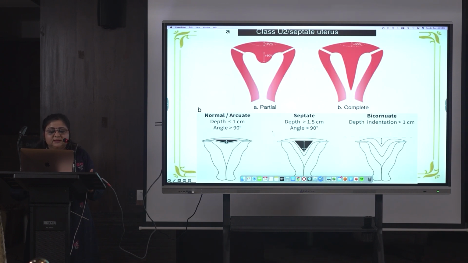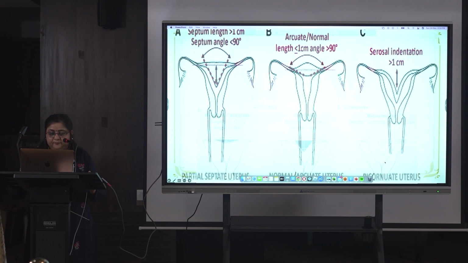So this is again the comparison between normal, arcuate, septate and bicornuate. So in bicornuate, the external contour is not convex. There is indentation of the serosal fundus. So now coming to the comparison with the bicornuate uterus.